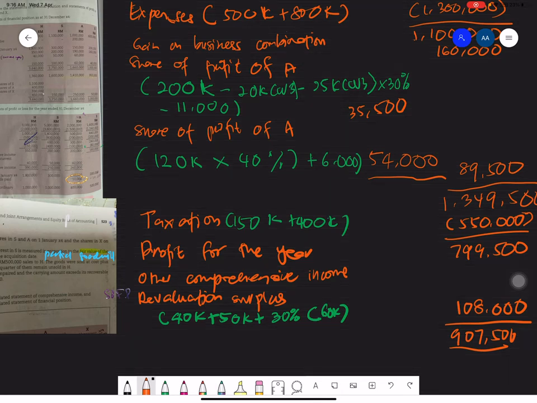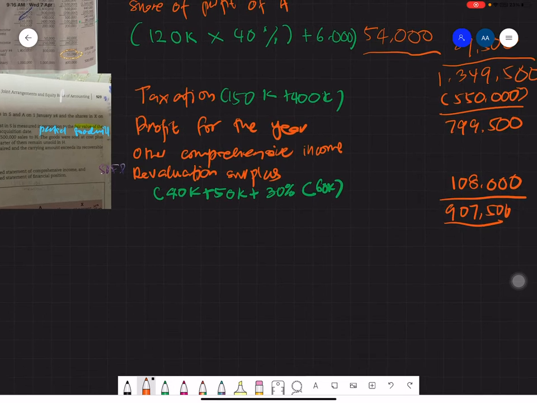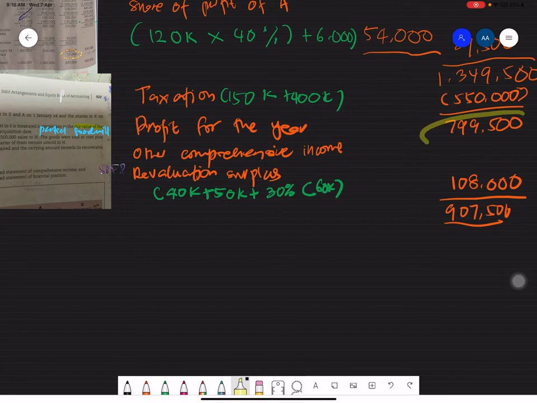Okay, so some additional information. Now you need to allocate this and this between the equity holder of parent and the non-controlling interest. So profit after tax.